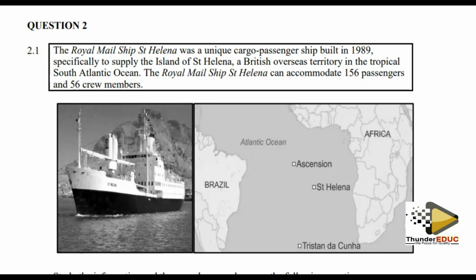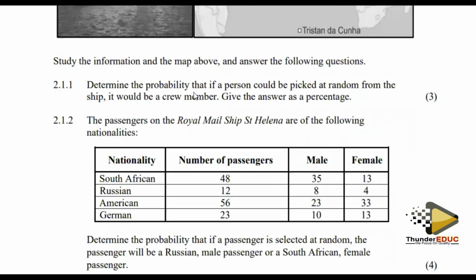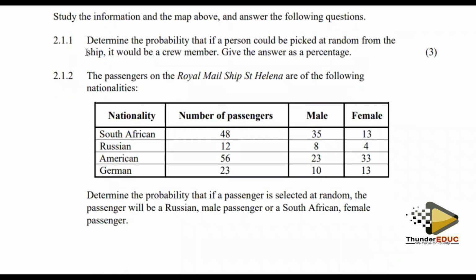Use the information and the map above and answer the following questions. Question 2.1.1: Determine the probability that if a person were picked at random from the ship, it would be a crew member. Give the answer as a percentage.